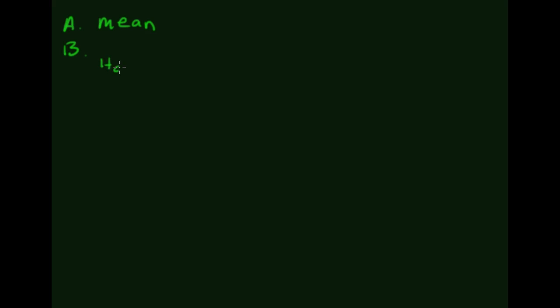Second, let's write the null and the alternate hypotheses. The alternate hypothesis is that it's less than 33. The null hypothesis is that it's equal to 33. Okay, because it is less than, this is a left tail test.